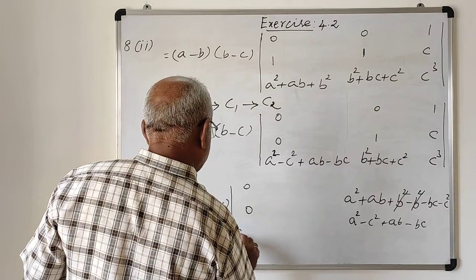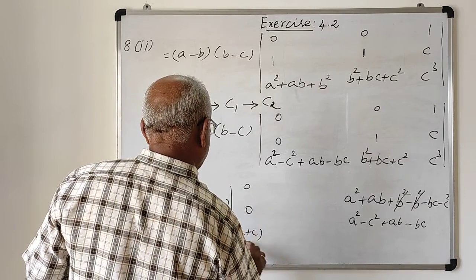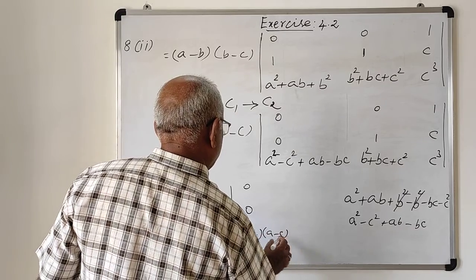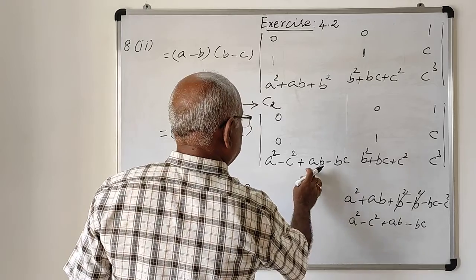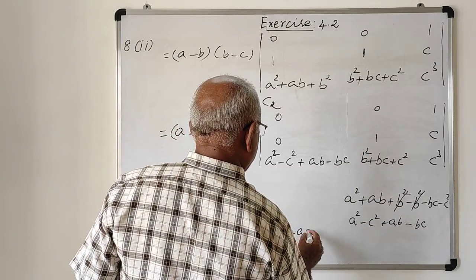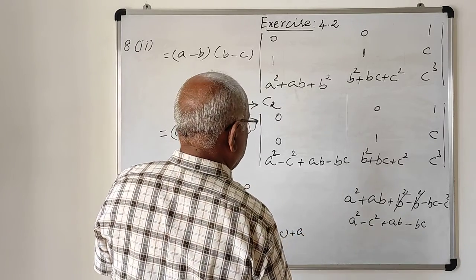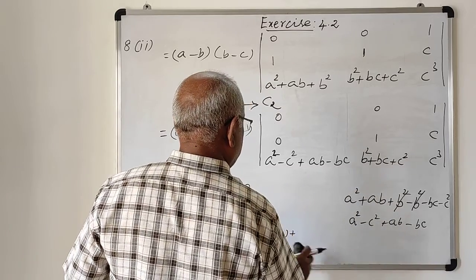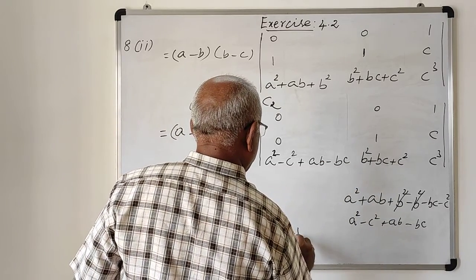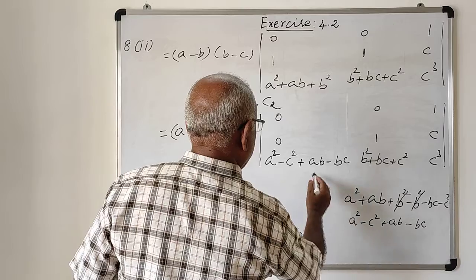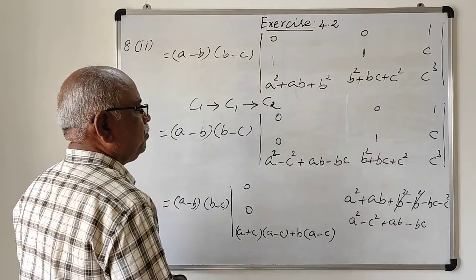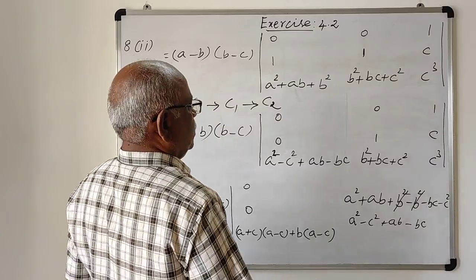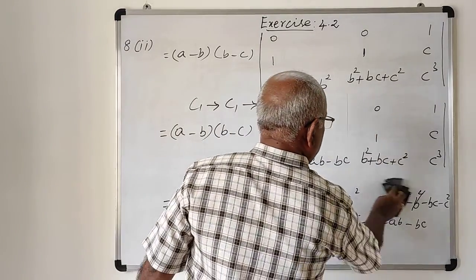I can write it as (a plus c) into (a minus c). By algebra, a plus c into a minus c, and plus, I can take b outside. B is common in both of them. You can take b outside as a common term, and you will get a minus c. This is your first column. Next, the second column is 0, 1, c.